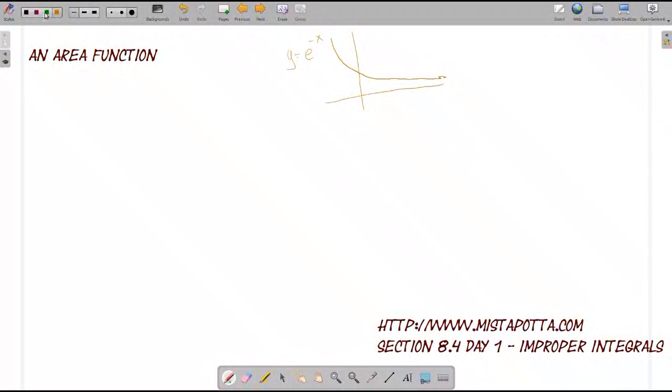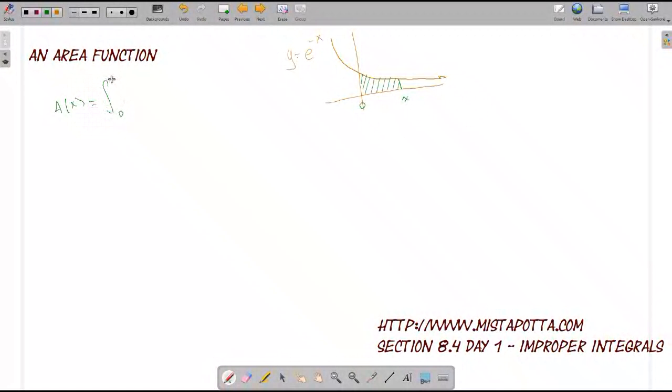And what I'm doing is I'm going to find an area function, because I can find the area from 0 up to the point x, and I can come up with the formula for this, because I know that the area up to x is a definite integral.